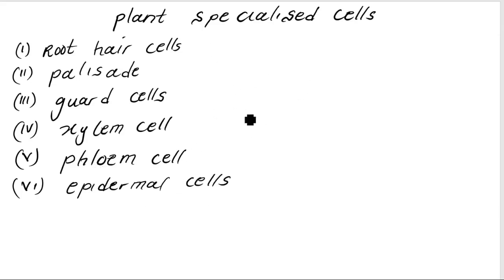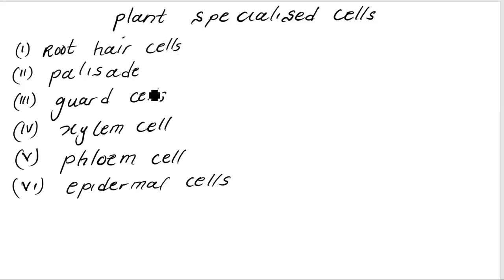But these are the common ones that they can examine you on. You first have to be able to know whether this is a plant cell or an animal specialized cell.